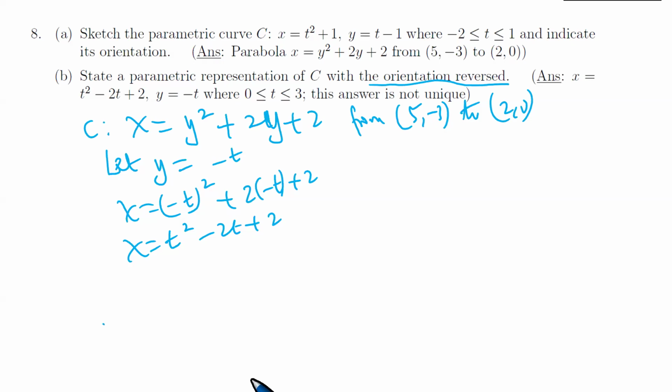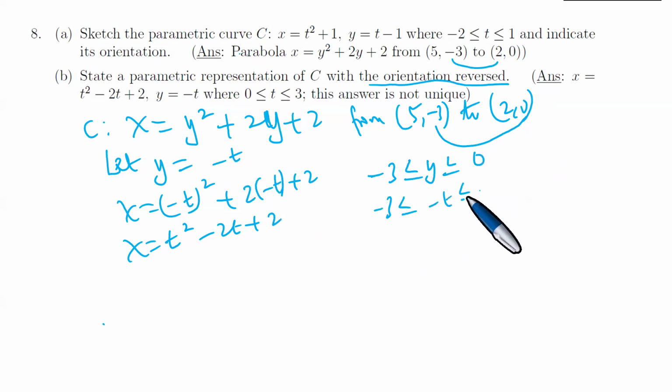So now state a parametric representation of C with the orientation reversed. You would realize therefore that y is going to be like minus t. So at this point, y is going to be from minus 3 to 0, like this.